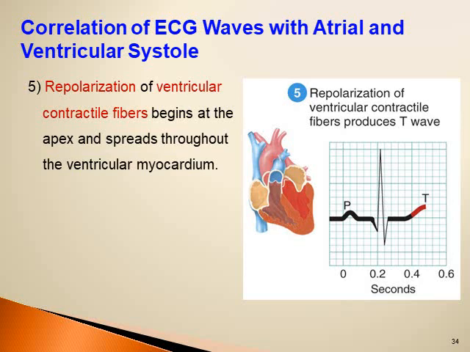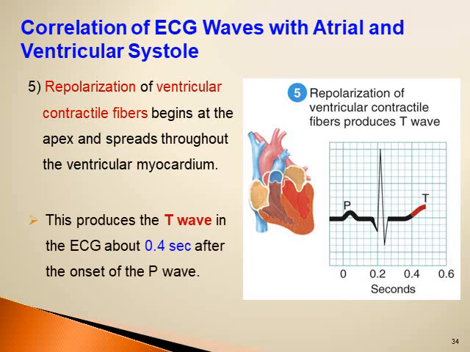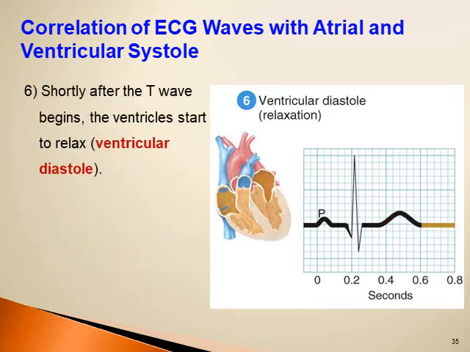Repolarization of the ventricular contractile fibers begins at the apex and spreads throughout the ventricular myocardium, and this leads to the appearance of the T wave, which appears about 0.4 seconds after the onset of the P wave. Shortly after the T wave begins, the ventricles start to relax, and this is ventricular diastole.